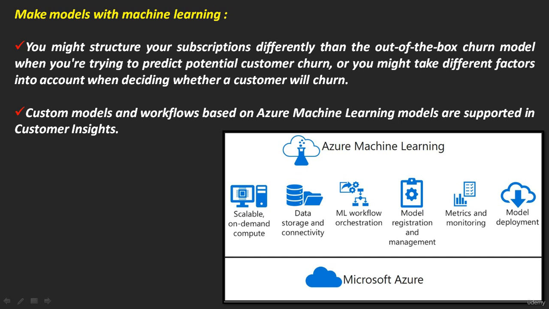You might structure your subscription differently than the out-of-the-box churn model when you are trying to predict potential customer churn, or you might take different factors into account when deciding whether a customer will churn. You might already have machine learning models making predictions, or you might want to build a model to use in Customer Insights. Custom models or workflows based on Azure Machine Learning models are supported in Customer Insights.